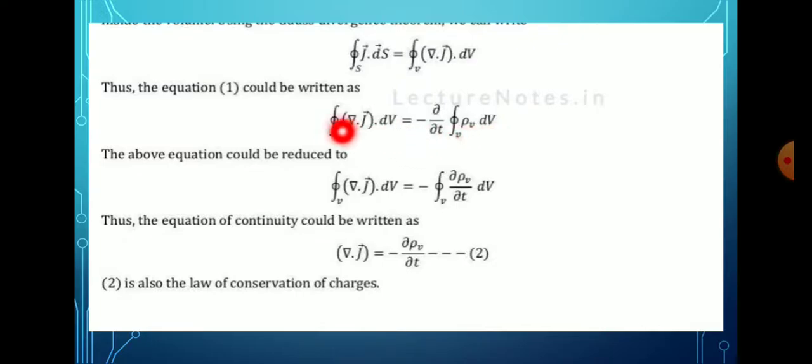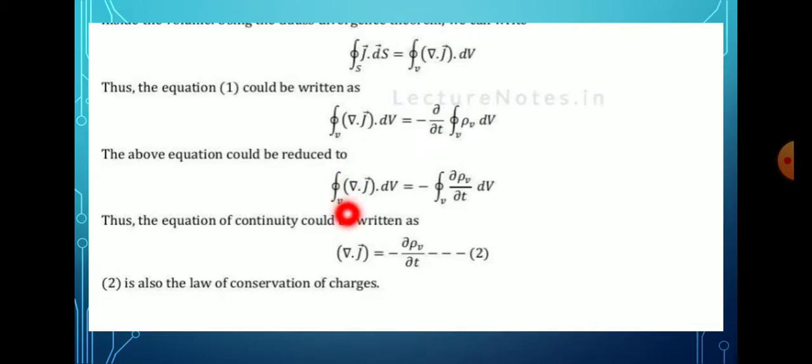In that, the volume integral over V is there on both sides. Rearranging the terms and cancelling, we get the integration over V of del dot j bar into dv is equal to minus the integration over V of dou rho v by dou t into dv.